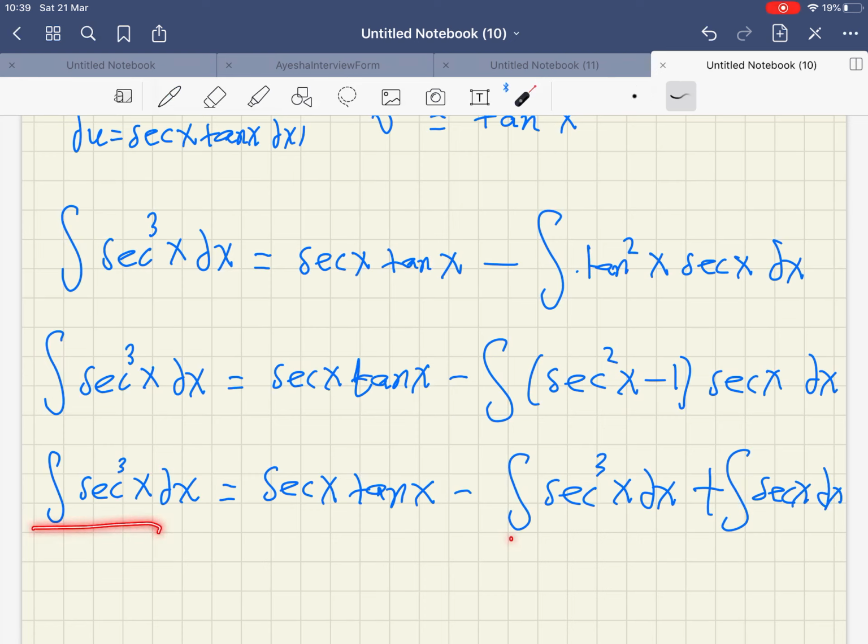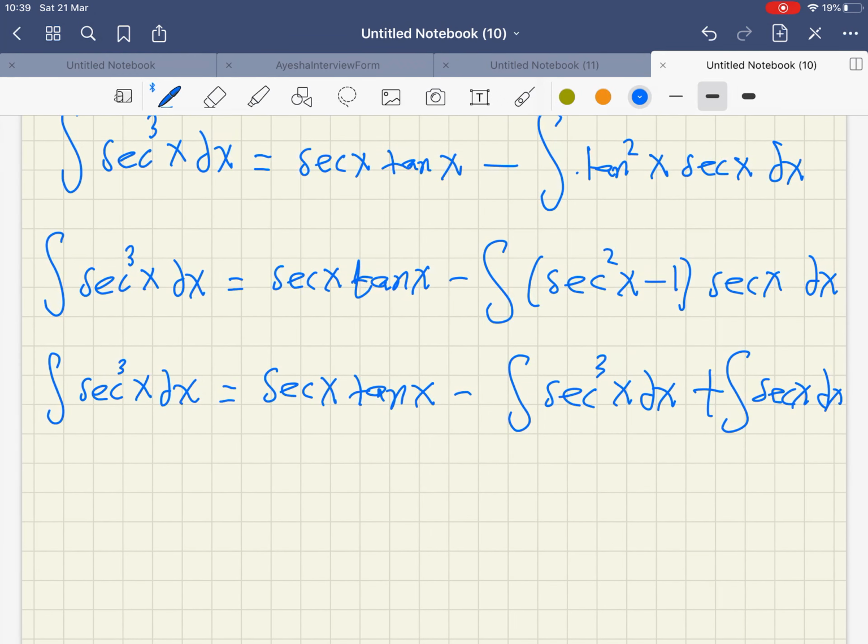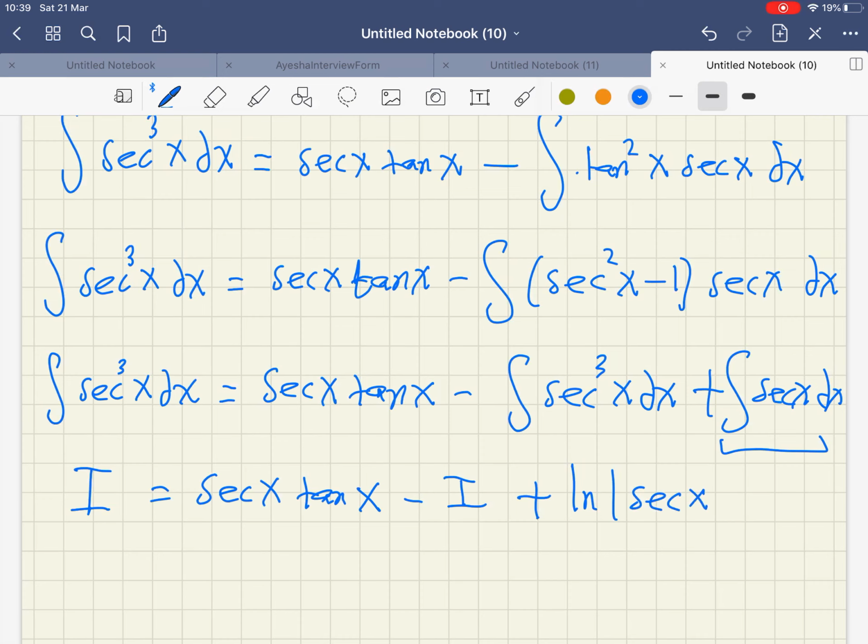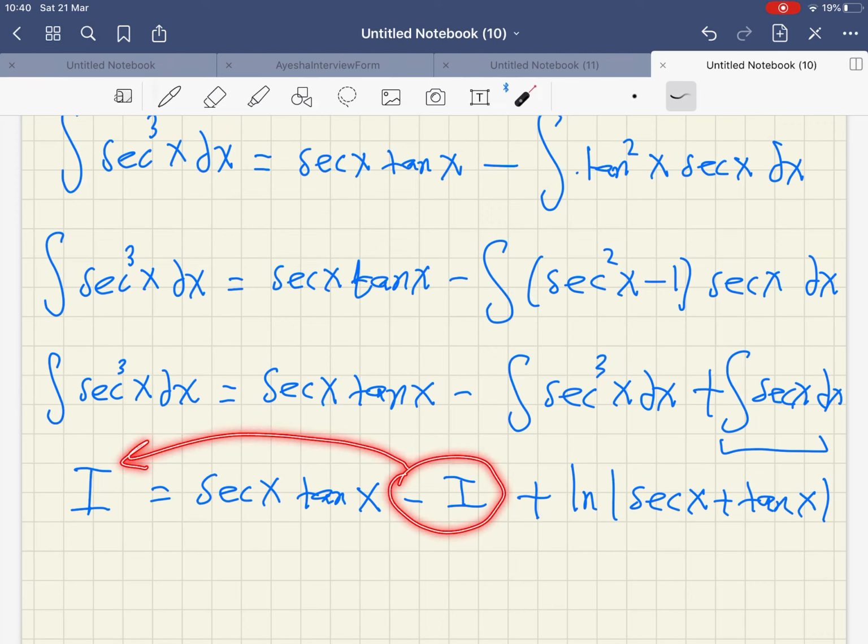Now, if you look at this one, it's the same as the original integral, so let me call it I. Do you remember when we used this idea before? So I equals secant x tan x minus I plus the integral of secant x, which we just got down: ln of secant x plus tan x. Finally, move the negative I to the other side.